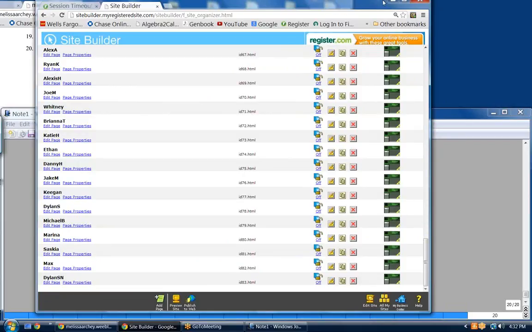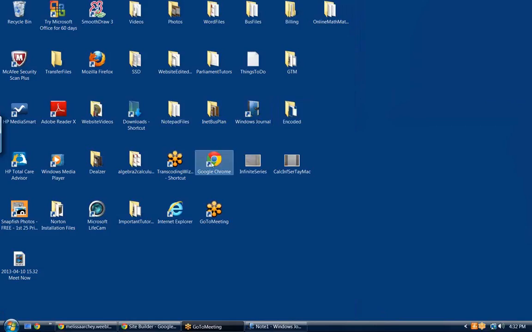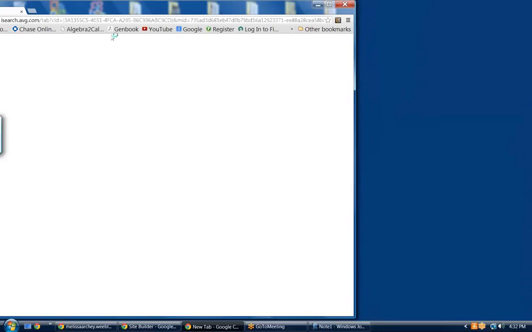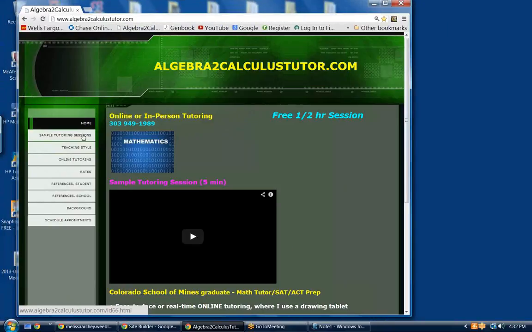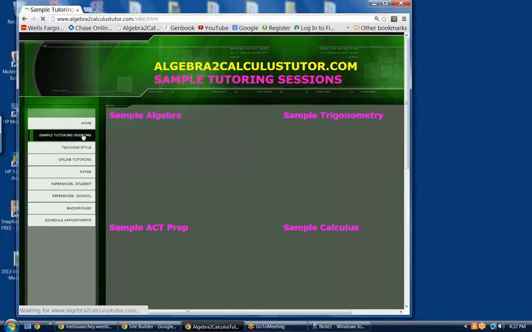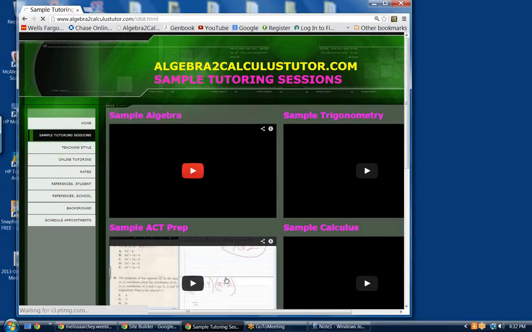Okay, ID 68. Hold on. This is your page. It will have the most recent one right there, and the one before that will be this one.